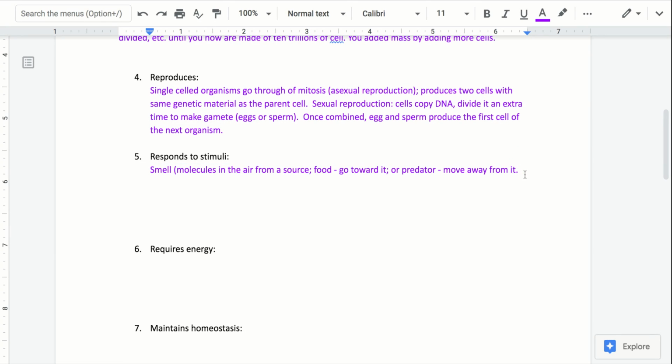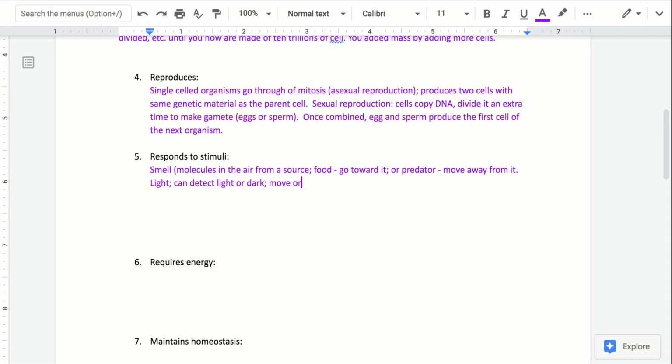Okay. Also, light energy is a stimulus, and we have complex eyes that allow us to see an image, but many organisms can only detect light or dark. Okay? But that can be useful for them. They can move toward it or move away from it, depending upon what their needs are.